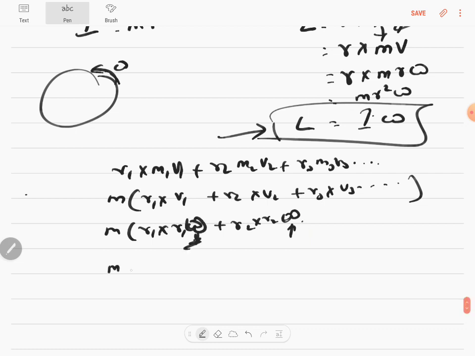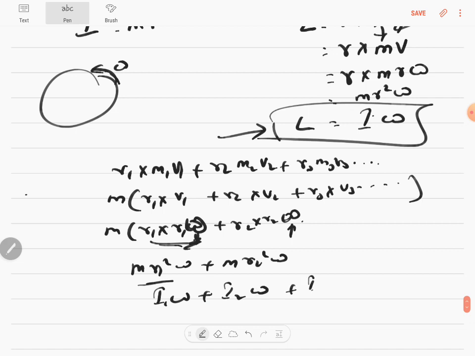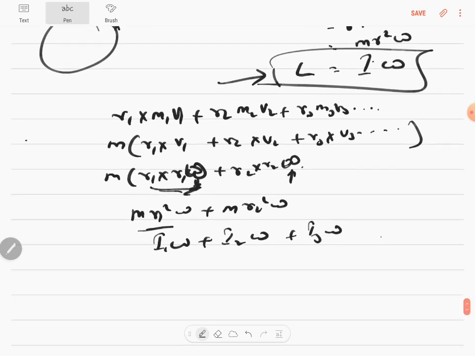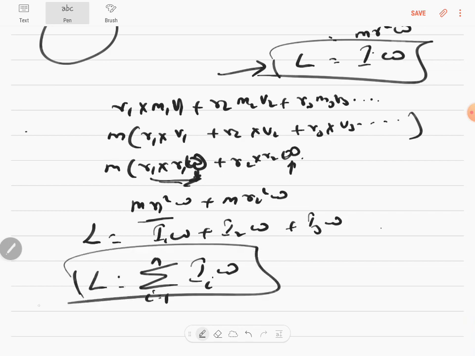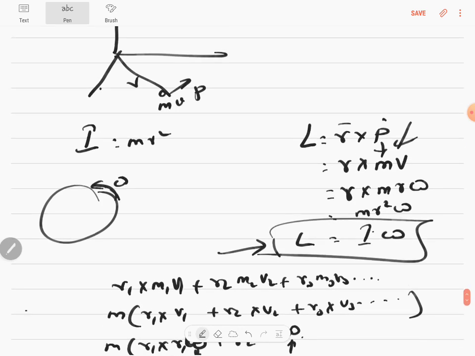Therefore it's m r1 square omega plus m r2 square omega, and mr square is I1. So I1 omega plus I2 omega plus I3 omega. And so you can also write it as the sum of I omega where i goes from 1 to n. Something like this. You can just manipulate and write it for n particles.